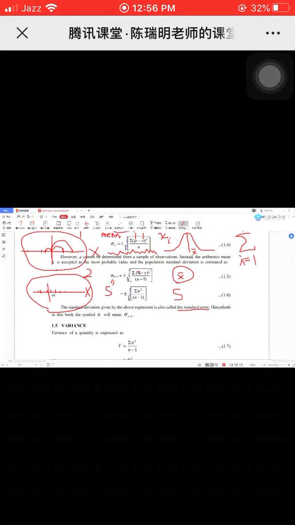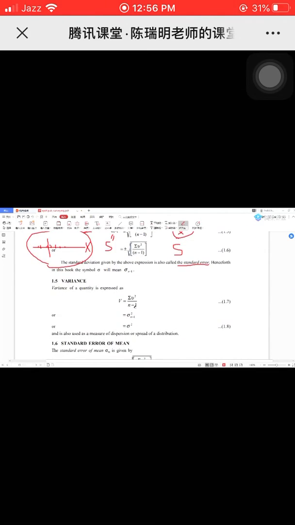This is our mean. So the spread of the data divided by n-1 is the average. So this is the standard error, and it is very important. If this number is too huge, it means your data is unreliable, either from your observation or from some other problem. So remember that, it is very important.